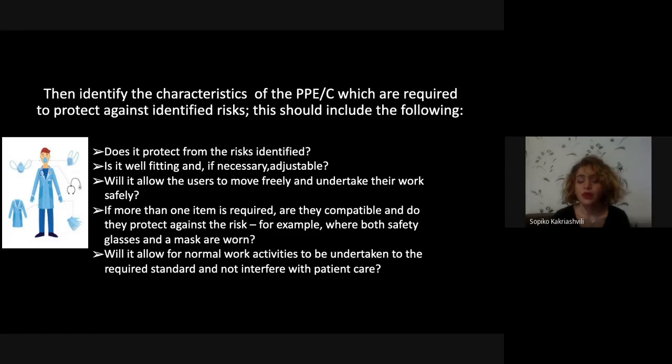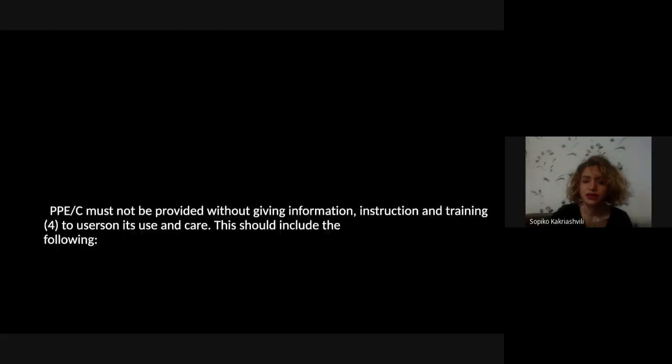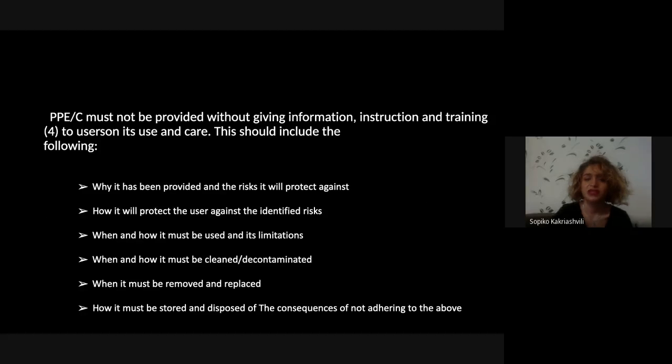If more than one item is required, are they compatible and do they protect against the risk? For example, where both safety glasses and a mask are worn. And will it allow for normal work activities to be undertaken to the required standard and not interfere with patient care? And also must be provided with information, instruction, and training.